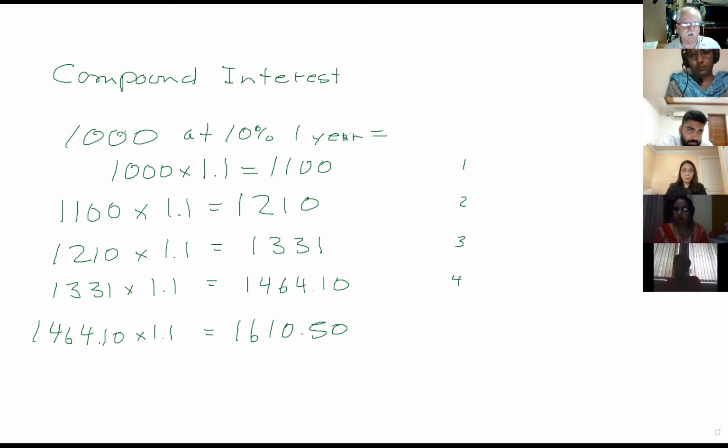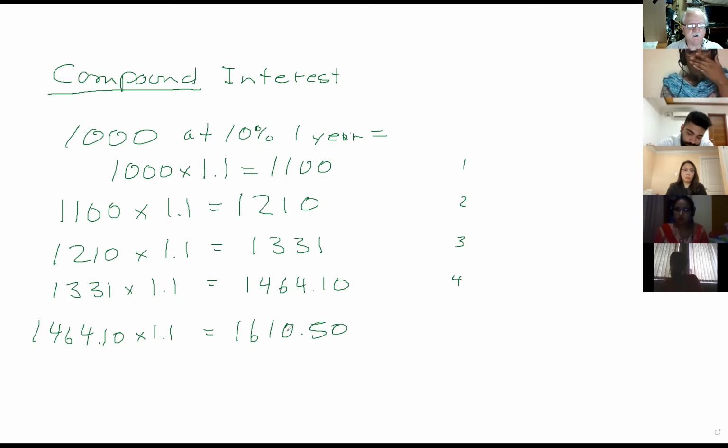This first calculation was just simple interest, but after that, we're getting paid interest on the interest. Hence, it's referred to as compound interest. And notice we had to do 5 separate calculations to get here.